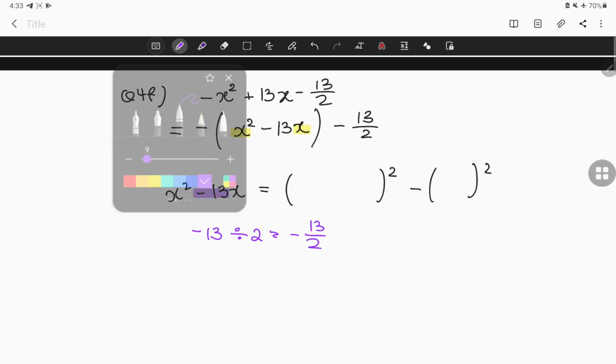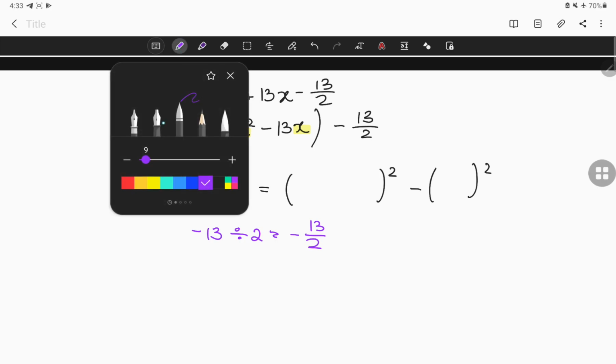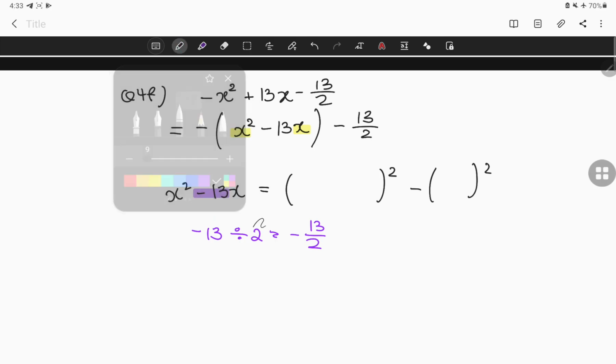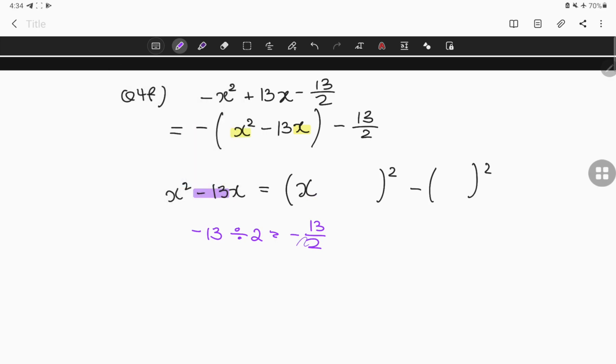Okay, since this expression is in terms of x, we will first have x as the first term, and then since we have minus negative 13 over 2, we will put that in here.